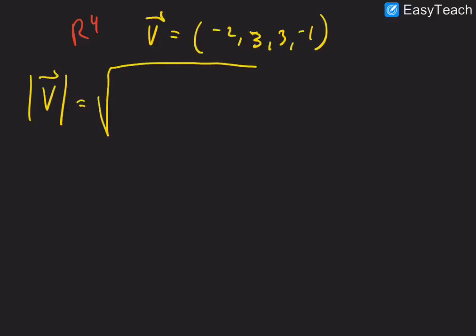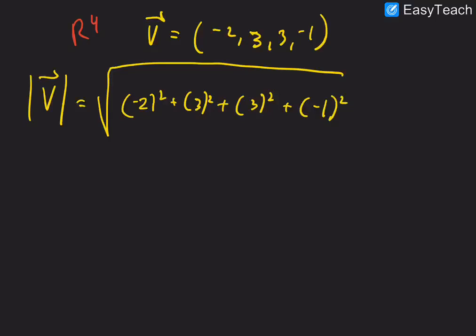Well, it's just the square root of all the components squared, -2 squared plus 3 squared plus 3 squared plus -1 squared. And that's going to equal the square root of 23. Okay, so we found the magnitude, or we found the length, or we found the norm, whichever term you want to use.